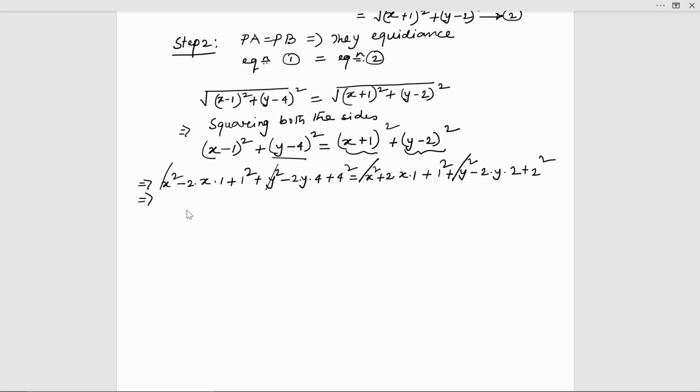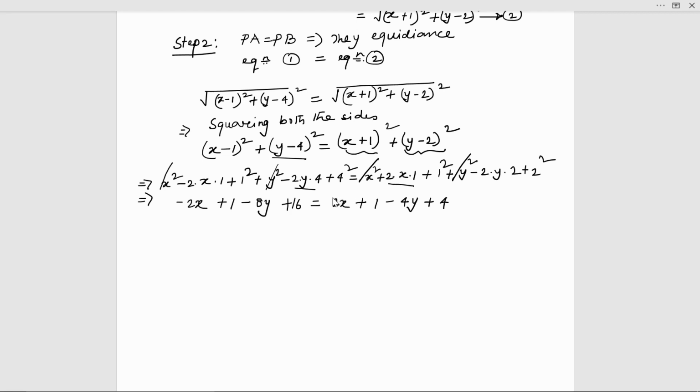So on the left hand side we have minus 2x plus 1 and minus 8y plus 16, and on the right hand side I have 2x, so 2 into x into 1, plus 1, then minus 2 into 2, that is minus 4y, and plus 4.